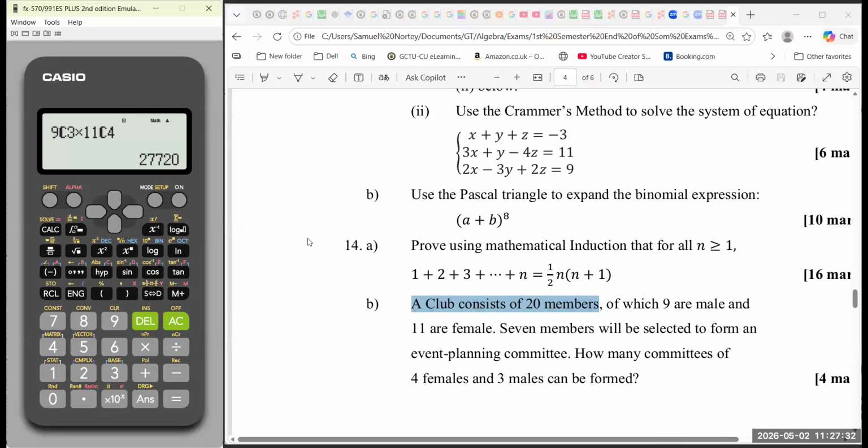You are choosing a 7-member committee from 20 members, where the number of males is 9 and the number of females is 11. So choosing 4 females becomes 11 combination 4. Choosing 3 males becomes 9 combination 3. And because you are choosing males and females, you multiply the results: 9 combination 3 times 11 combination 4. And then you put down the answer as the calculator gives you.